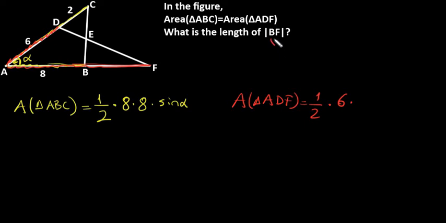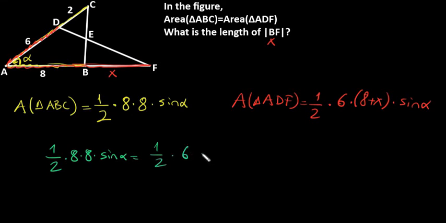We know that BF is x, so AF is 8 plus x, times sine of alpha, the included angle. And we know that these two expressions are the same because the areas are the same. So let me write 1 over 2 times 8 times 8 times sine of alpha is equal to 1 over 2 times 6 times 8 plus x times sine of alpha.